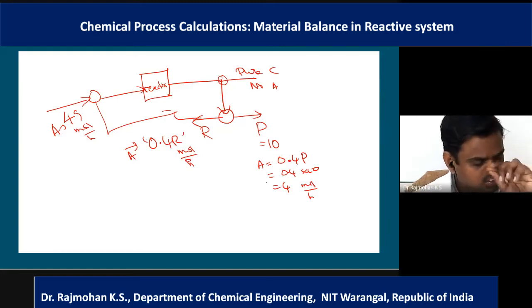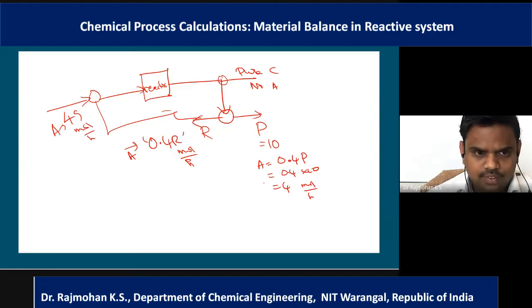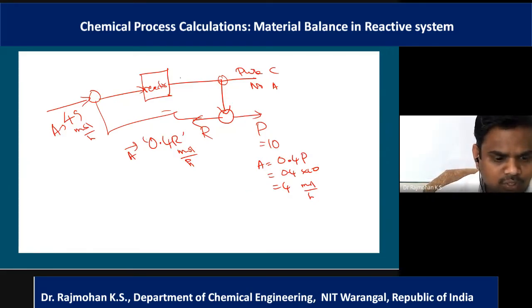Now with this balance, we can find the value of R. The amount of A leaving the reactor is (49 plus 0.4 R) into 0.8, which we have done here.